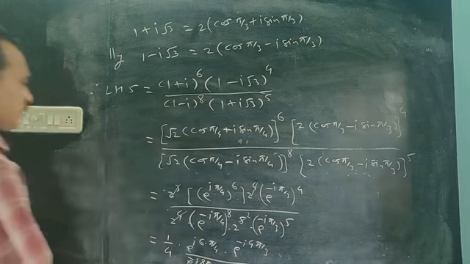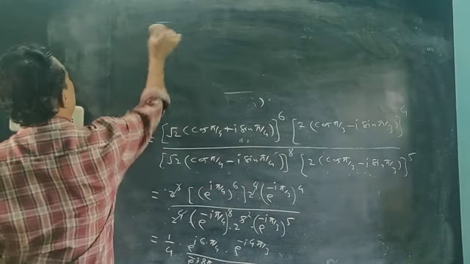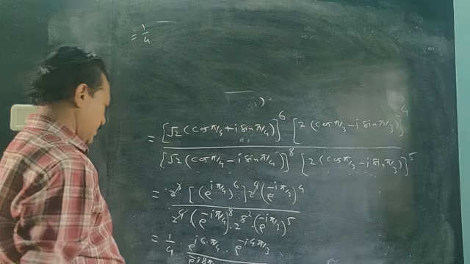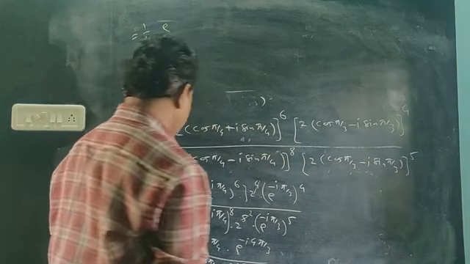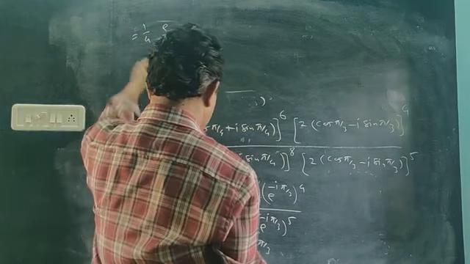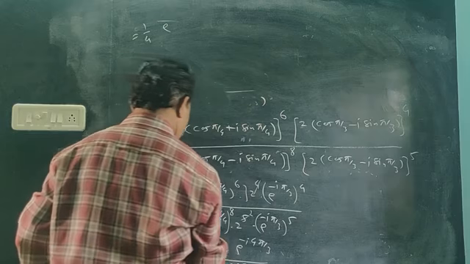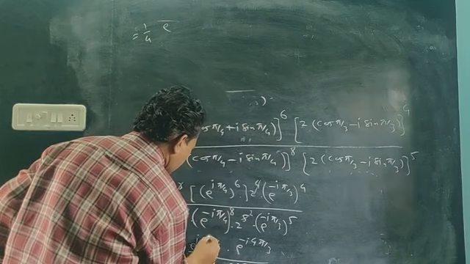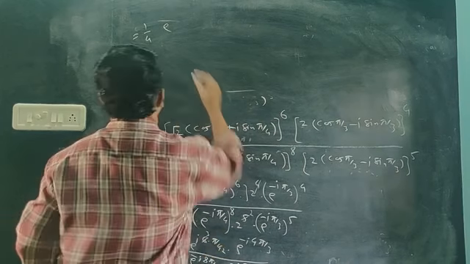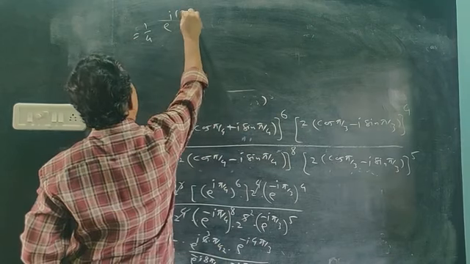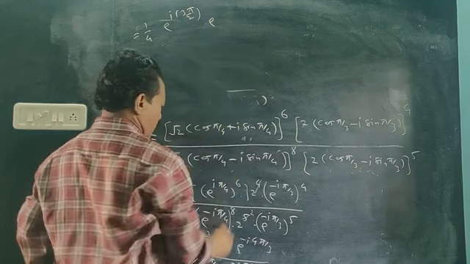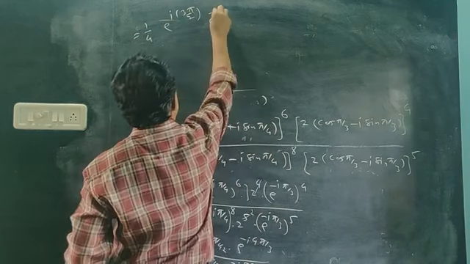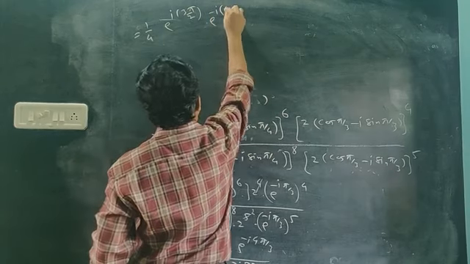Now see, e raised to power total, 1 by 4 outside. So e raised to power, 3 cancel, 3 by 2, e raised to power I 3 pi by 2, here e raised to power minus I 4 pi by 3.